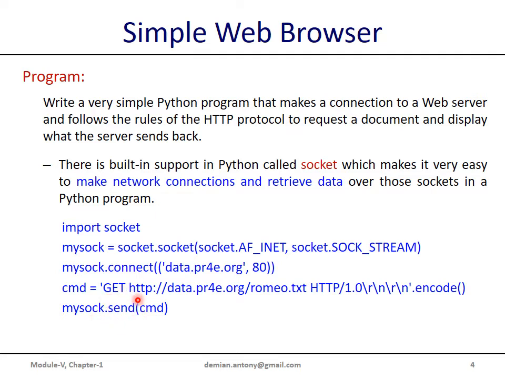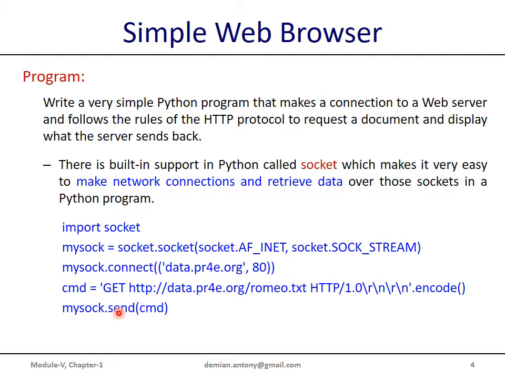The send is a very low level method in Python, which is something like a system call that we use in ANSI or Unix C style of network programming. So send will normally send the information to a server in the form of bytes, maybe 2 bytes or 3 bytes or 5 bytes, etc.